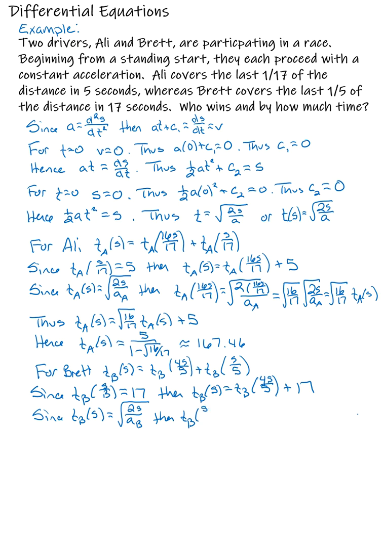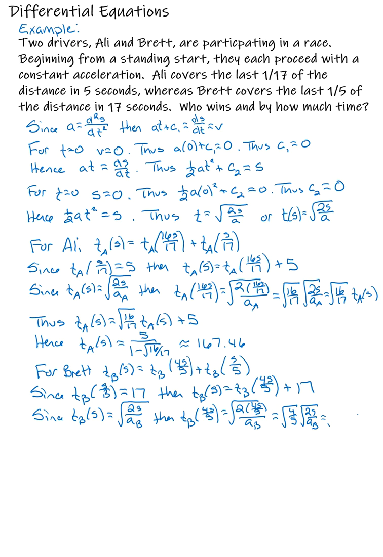Then we know that t sub b of 4s over 5 would be equal to the square root of 2 times 4s over 5 over a sub b. Again, I'll do exactly like I did before. We'll factor out that square root of 4/5, which gives us 2s over a sub b, and I really like that I can simply replace with t sub b of s.